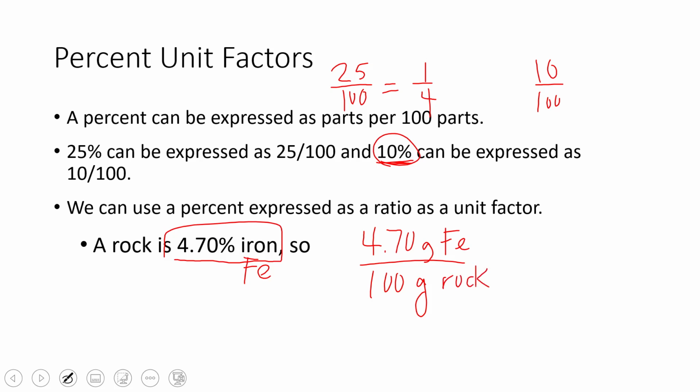So we could write it like that. I could also write it that for every 100 grams of the rock sample, 4.70 grams of that was iron. So these are just reciprocals of each other like we've been talking about the last couple of lectures.